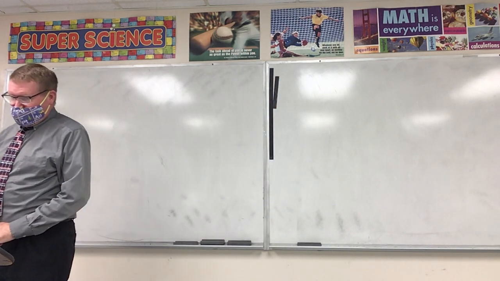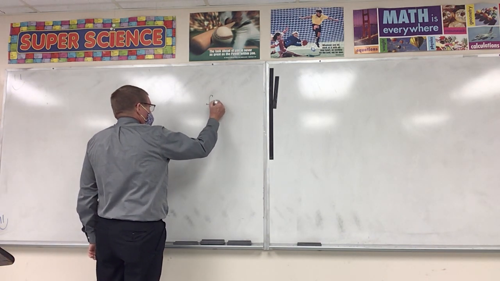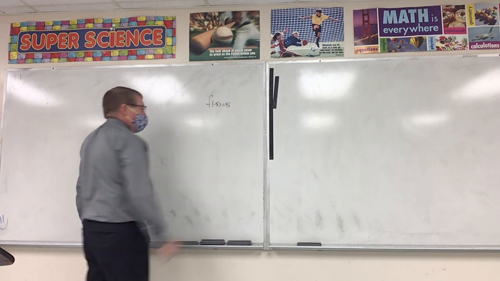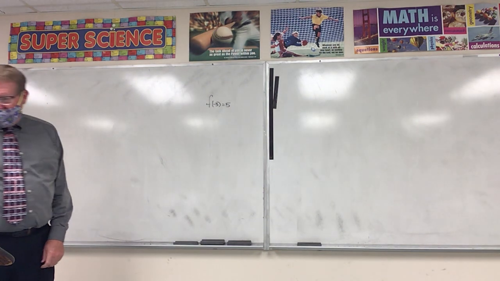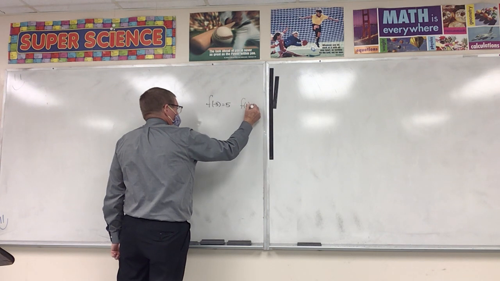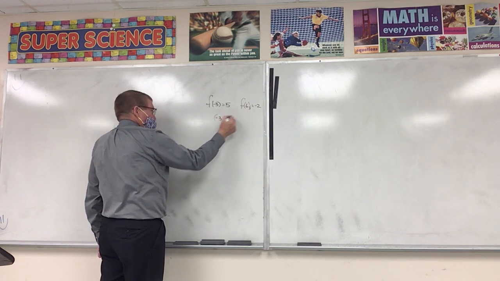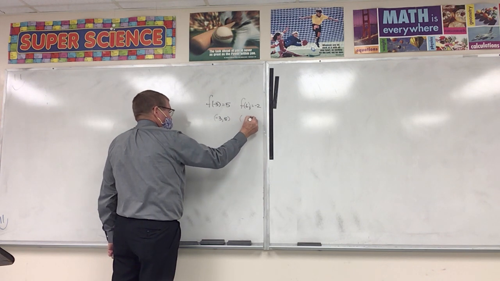So if we look at number 8, f of negative 3 equals 5, and f of 6 equals negative 2. The 2 points I'm looking at are negative 3, 5, and 6, negative 2.